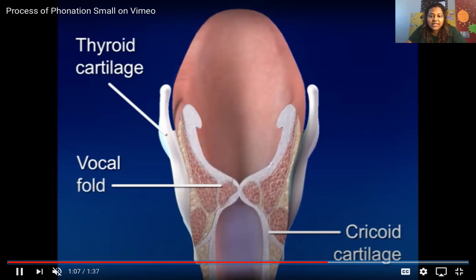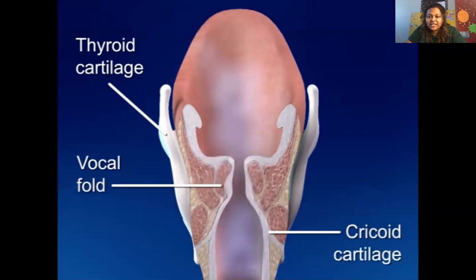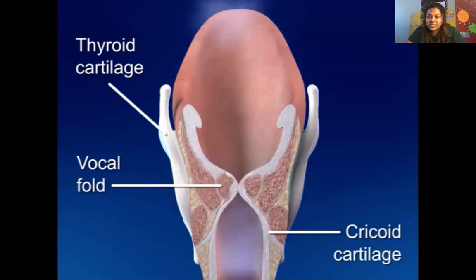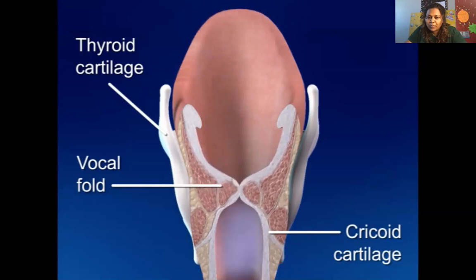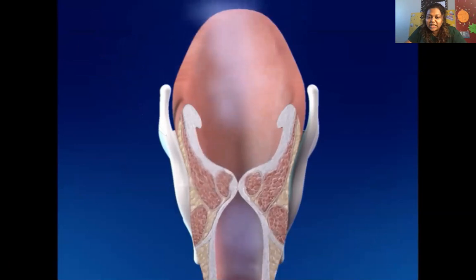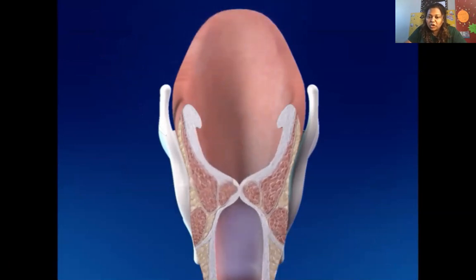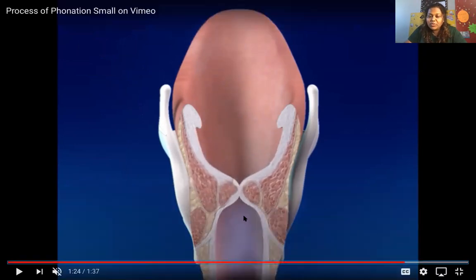Okay, so let's watch it again. So it builds, and when it gets high enough, it releases. If you notice, the bottom part of your vocal folds open first, and then the top part. Can you see that? And then the bottom joins again, and the top. Okay, so it's a very beautiful mechanism.